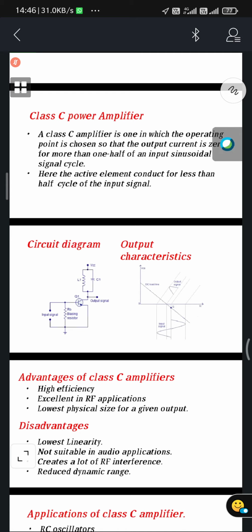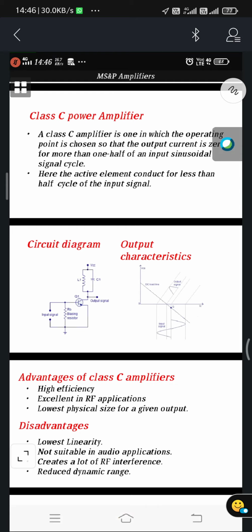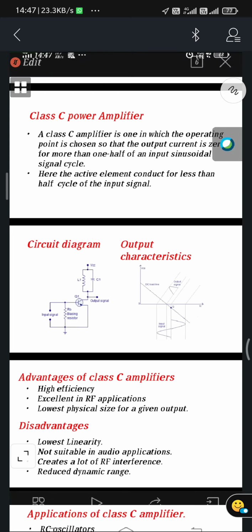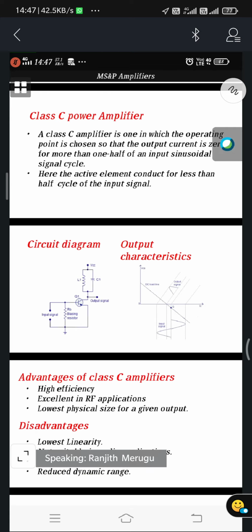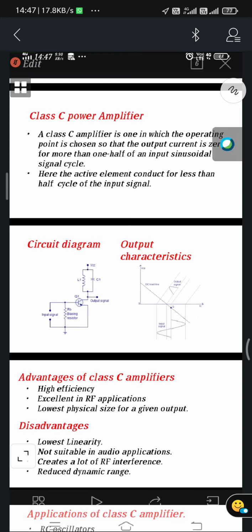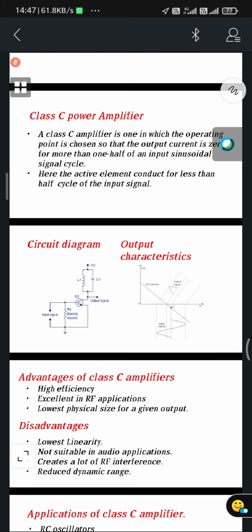In the examination, like in a competitive examination, you will be asked: what is the conduction angle of the class B power amplifier? The options will be 360 degrees, 180 degrees, 170 degrees, and 220 degrees. For the class B amplifier, you have to choose the option 180 degrees. For example, one more question, everybody please answer this one. I am repeating once: in the class C power amplifier, the active element, the transistor, conducts for less than half a cycle of the input signal.